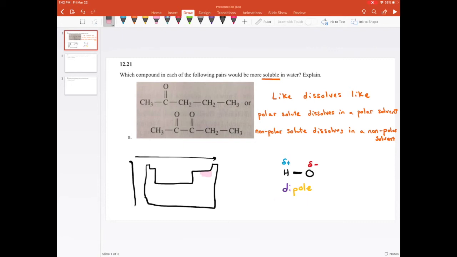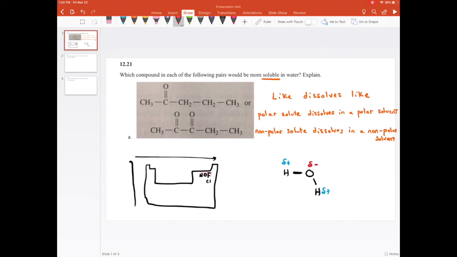Now that happens when you have really electronegative elements. And so if you ever have nitrogen, oxygen, or fluorine, those are those elements in the top right there. Some people also include chlorine sometimes, but especially nitrogen, oxygen, or fluorine, you know that that bond is going to be polar. Now water has these partial charges, as we can see, so water is very, very clearly polar.